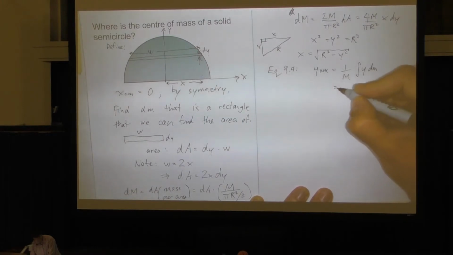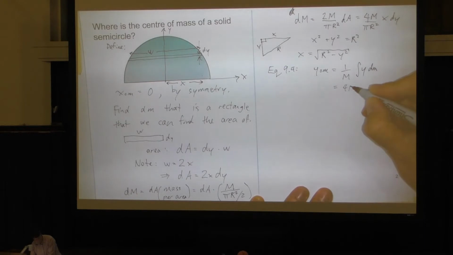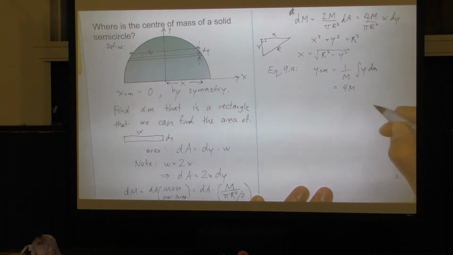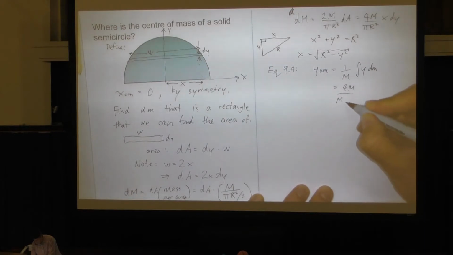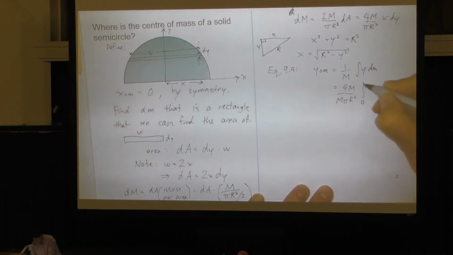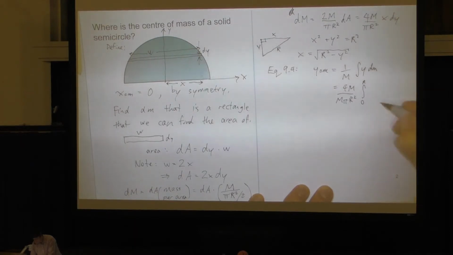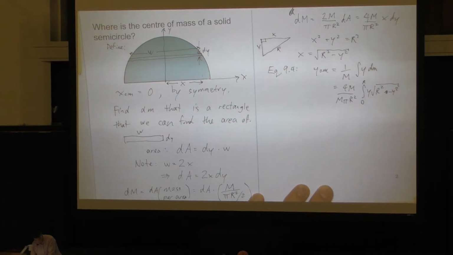Okay, so this is going to be equal to 4, we'll pull out all the constants, m over m pi r squared times the integral from 0 to r, that's the limits of y, times y times the square root of r squared minus y squared dy.